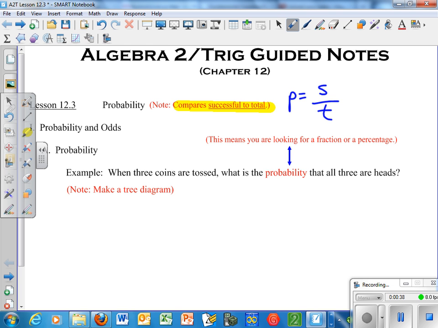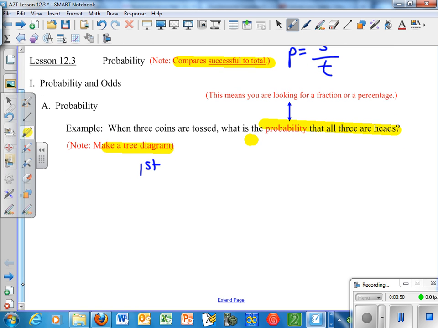When 3 coins are tossed, what's the probability that all 3 come up heads? We are going to make a tree diagram for this. I'm going to have first, second, third, meaning first coin, second coin, third coin. When I flip that first one, I could have a head or I could have a tail.